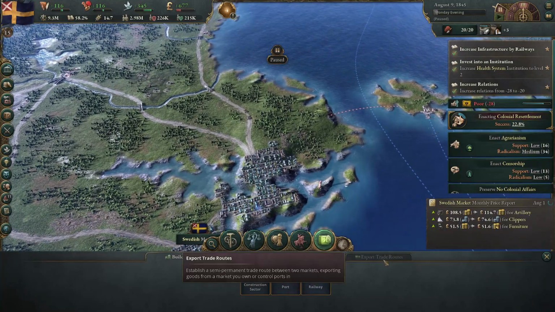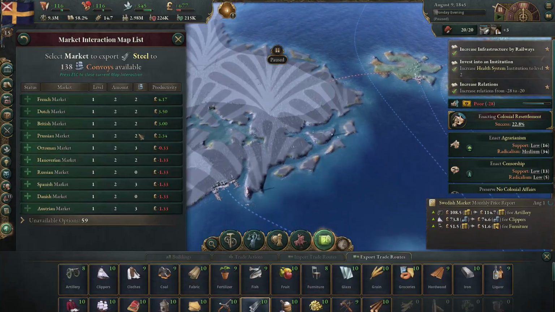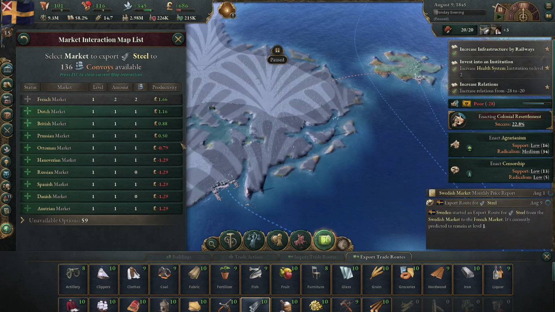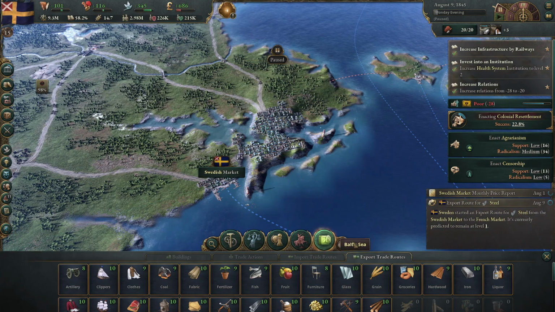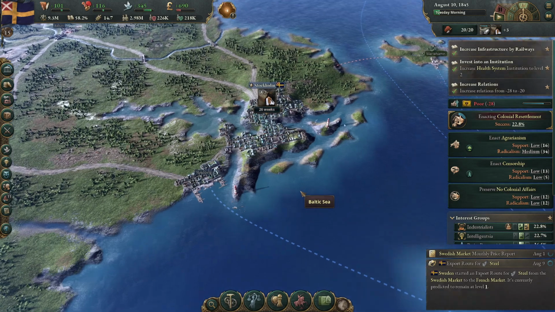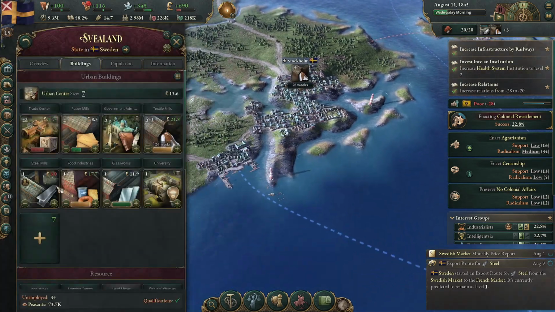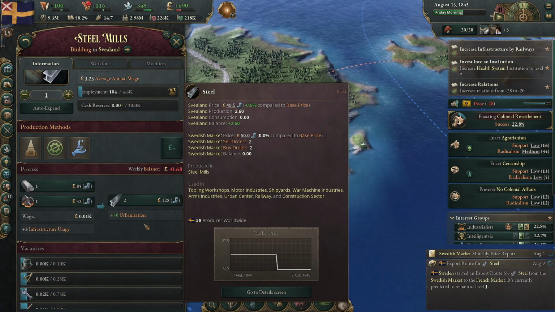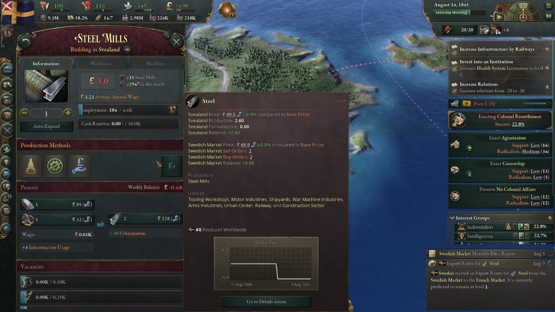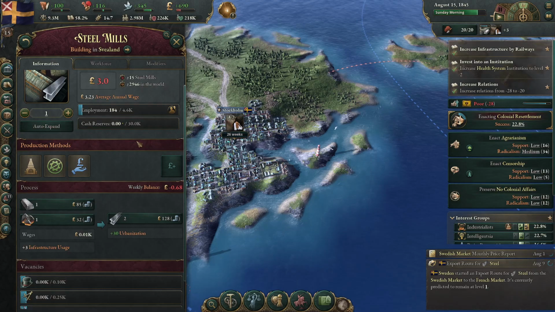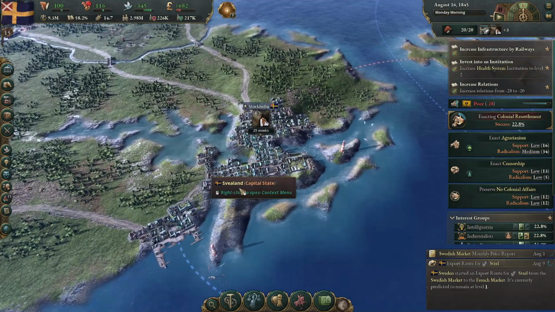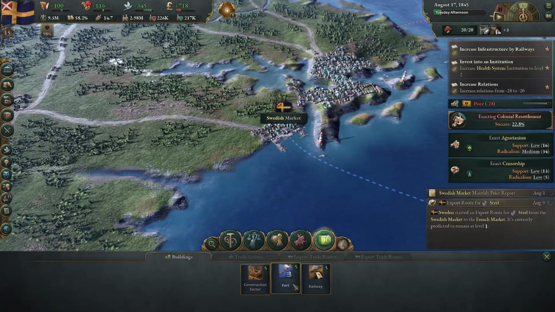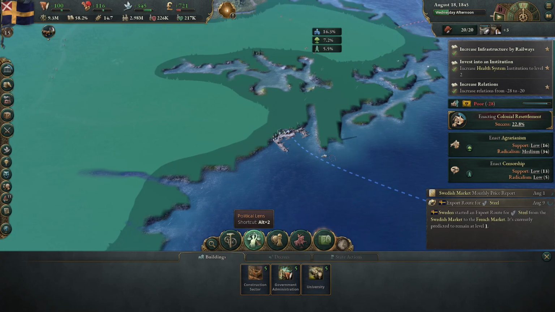I think we're going to try to export to the French market temporarily, see if that will drive up the price on steel mills. But we need this to build up from an employment perspective.